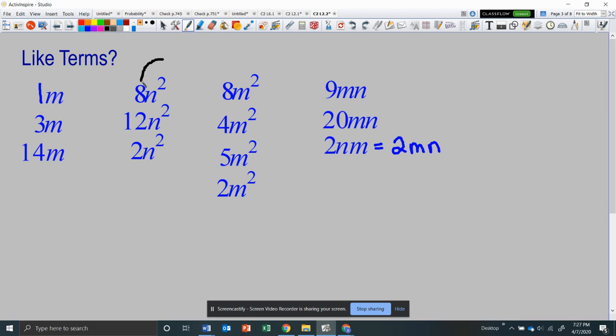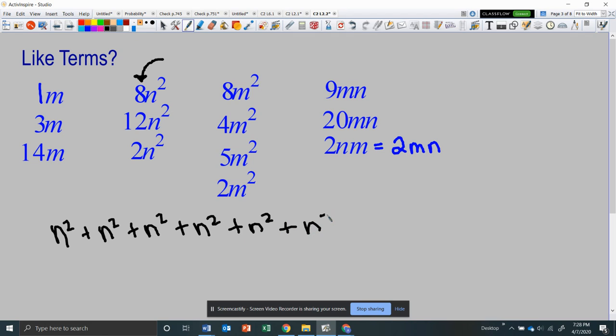The coefficient is the number right in front of the variable. And I can essentially add all these up by just adding the coefficients. 8n squareds, that would be like this. n squared plus n squared plus n squared plus n squared. That's 4.